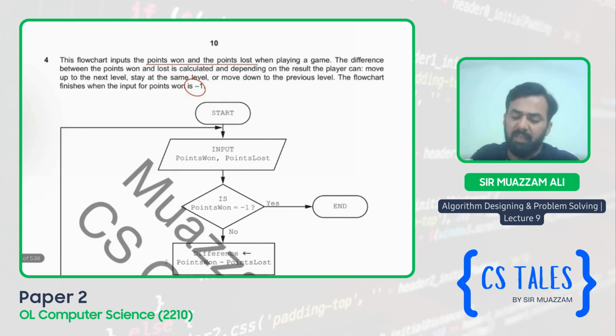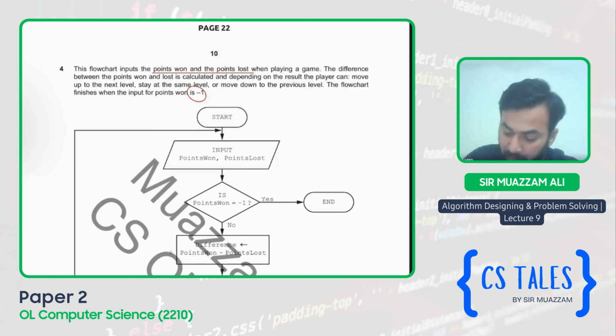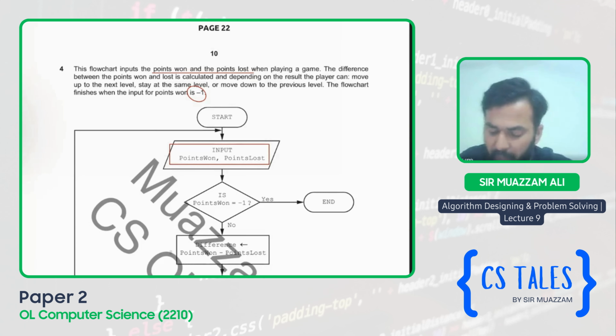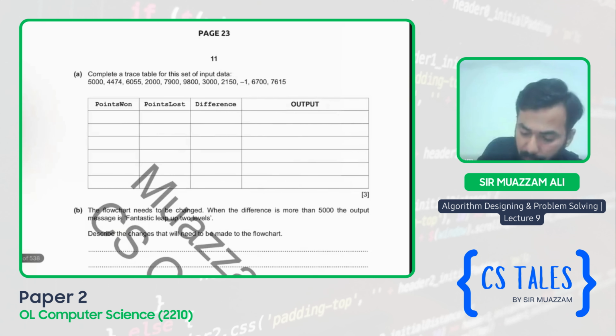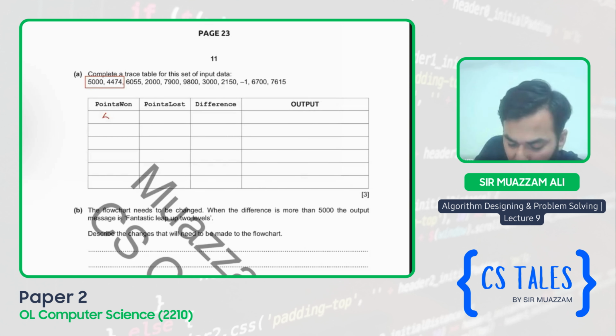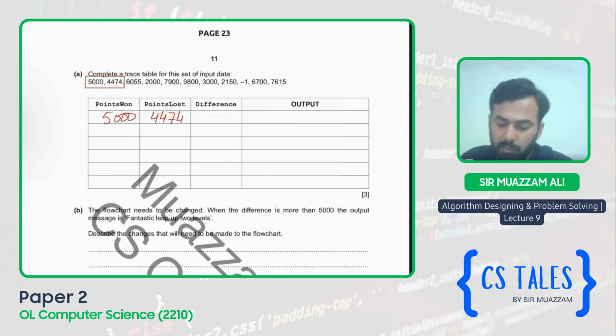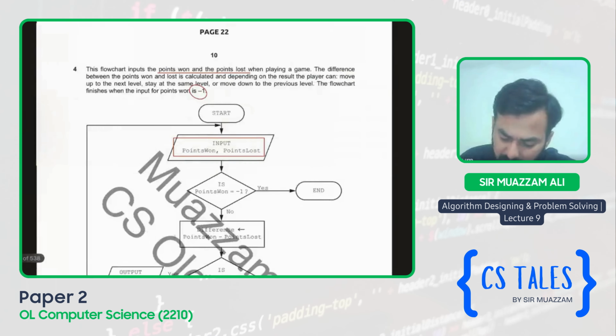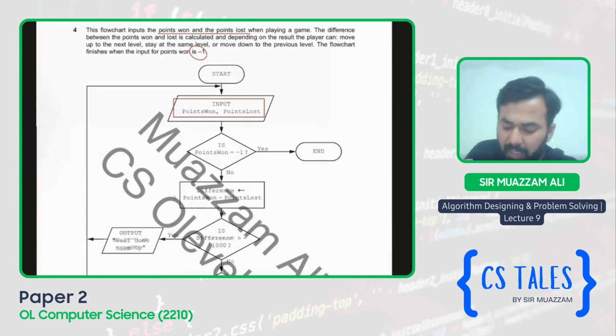Okay, basically there is a simple trace table in which we have to start. First of all, we take input points won and points lost. Is points won equal to -1?